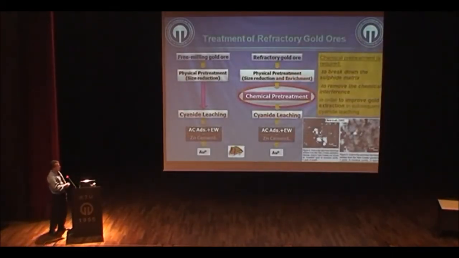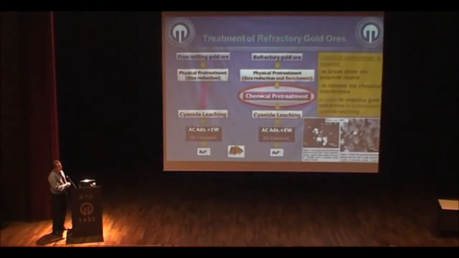When we look at the treatment of gold ores, free milling ores are particularly easy to treat, and after only size reduction, more than 90% of the gold can be easily extracted in cyanide leaching.